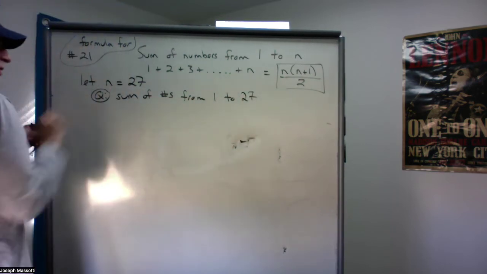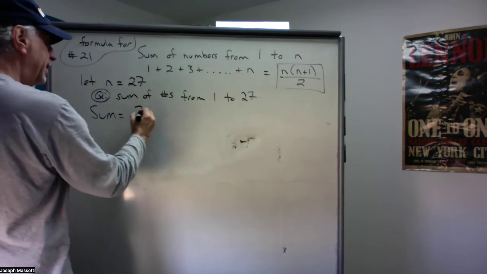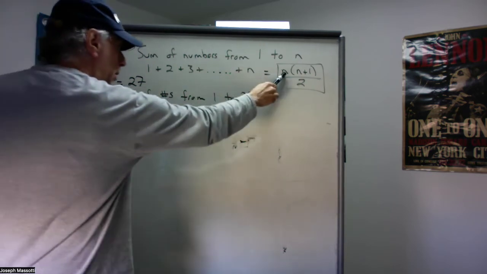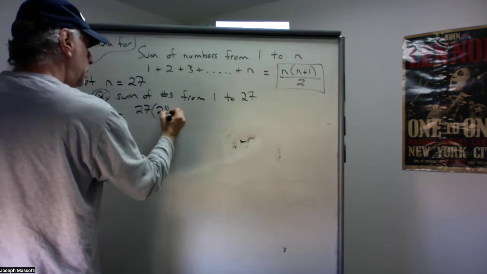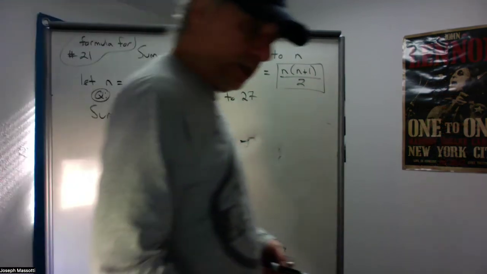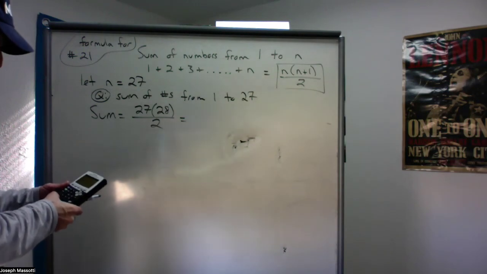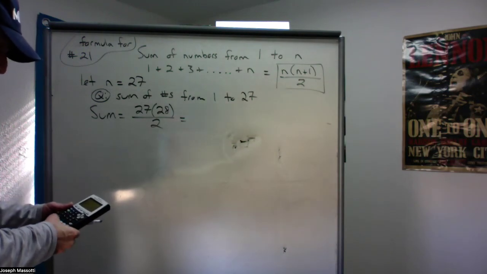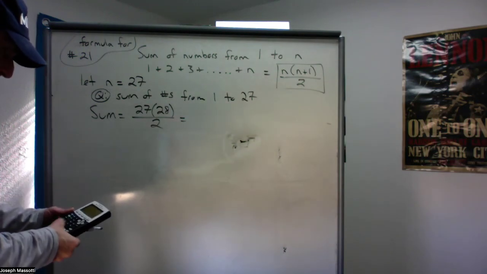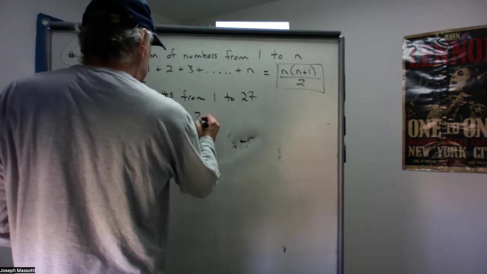So here n is 27, so our sum is going to be 27 times 28 over 2. And you plug that into your calculator, and you see your answer is going to be 27 times 28 divided by 2, and it's going to be 378.